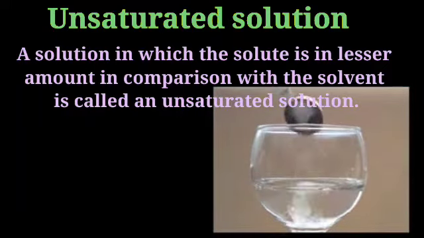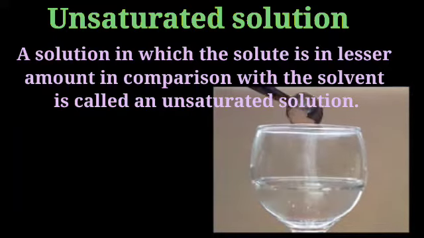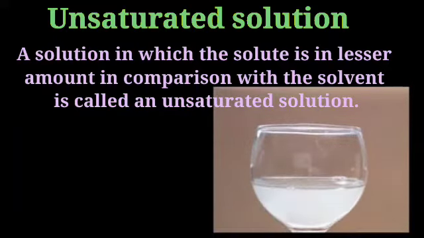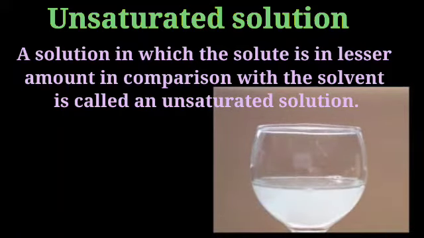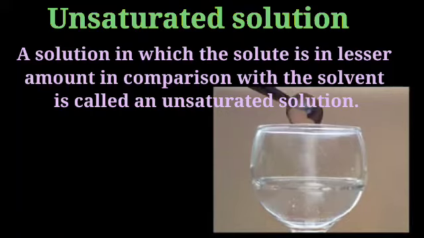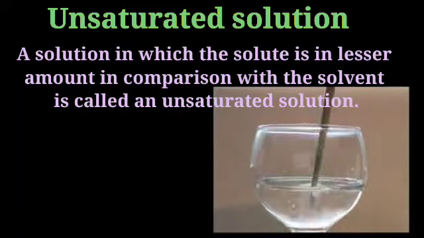Yes, my dear student, you can write in your copy: the solution in which more solute can be dissolved is called unsaturated solution. And in the figure, you can see that salt and sugar can dissolve easily in water with less effort. Why? Because this is the example of unsaturated solution in which more solute can be dissolved.